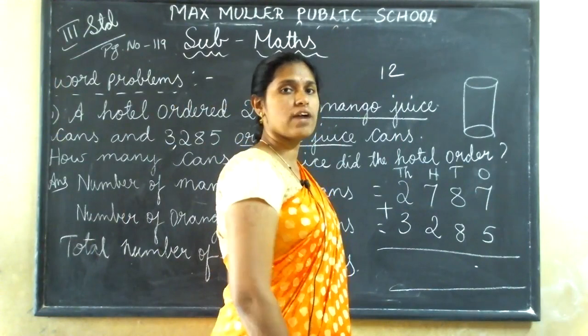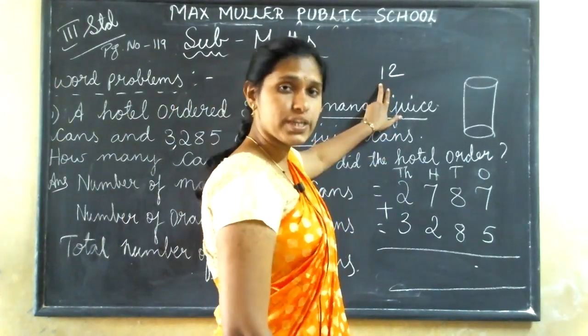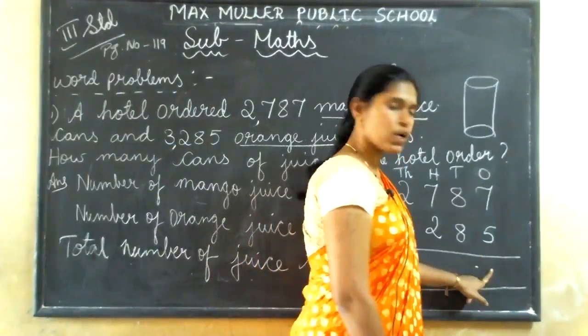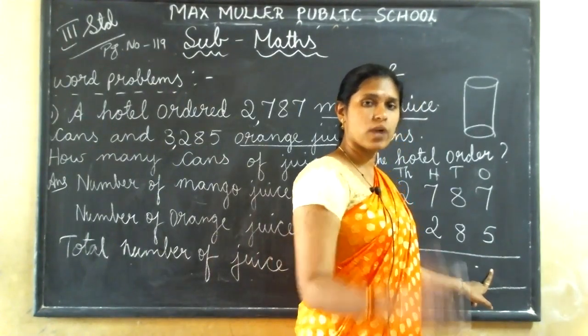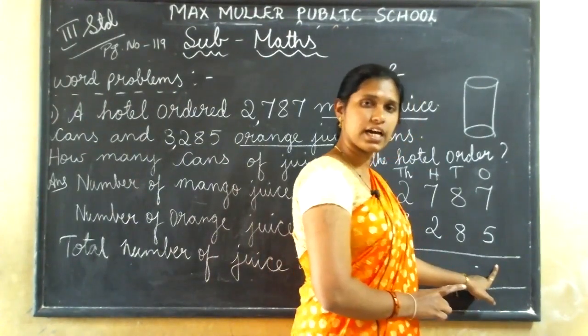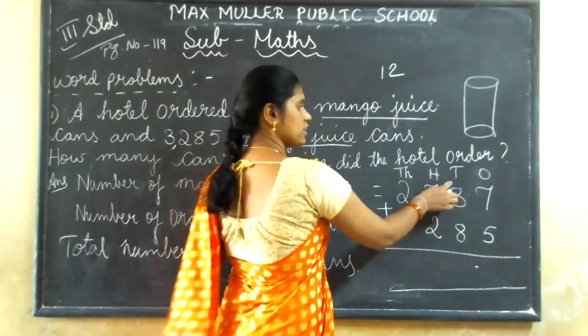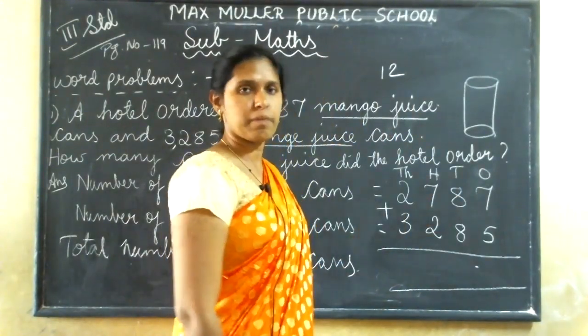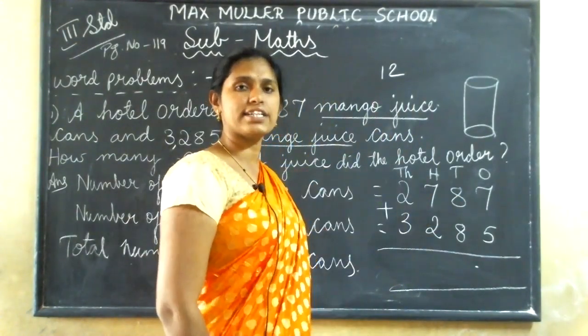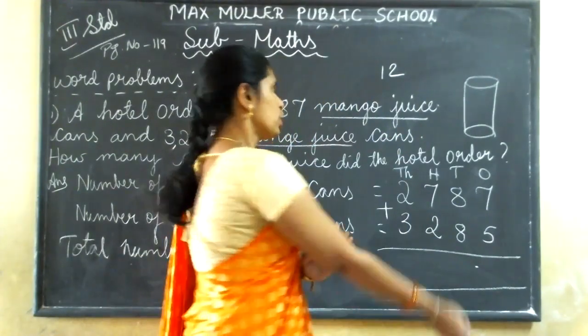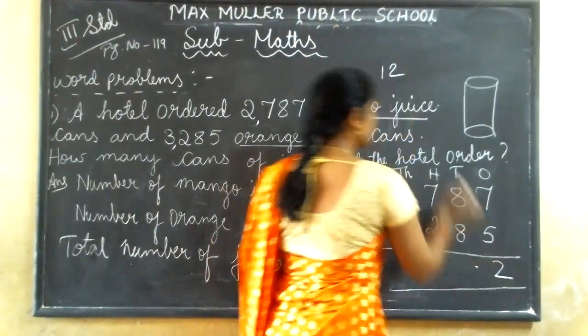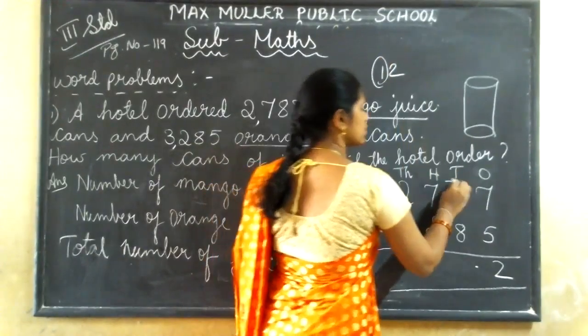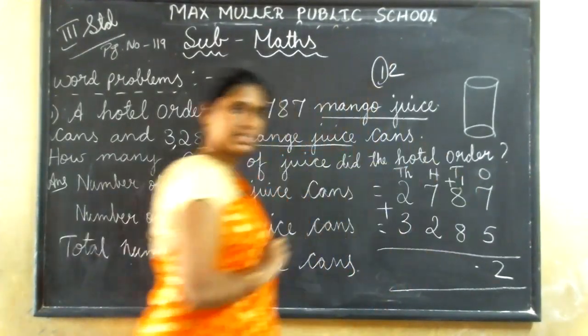No. Why? Means you have 2 digits here. 1 you are going to write here, 2 here. 1 number you are going to write here. The another one number you are going to carry in the next place. So which number you are going to write down there in the ones place? 2. Write down 2 here. This one you are going to carry in tens place.